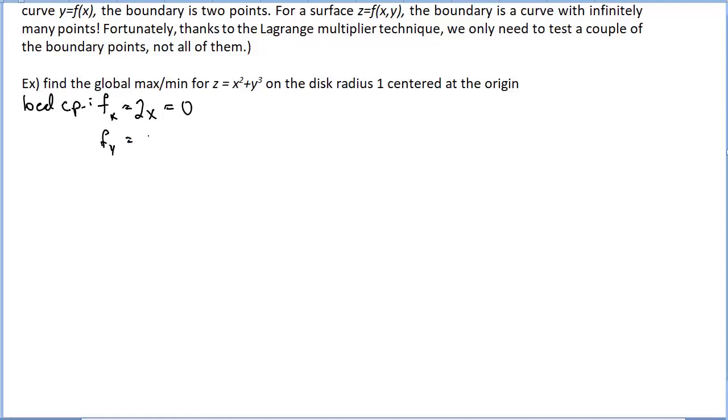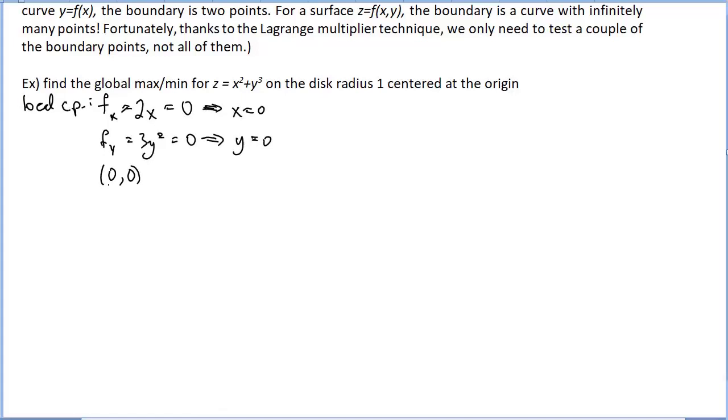And then df dy, which equals 3y squared, that's got to be equal to 0. This is very easy to solve. 2x equals 0, solving that just gives us x equals 0. And then 3y squared equals 0, solving that also gives us y equals 0. Therefore, we found local critical points. There's only one, and it's at (0, 0).